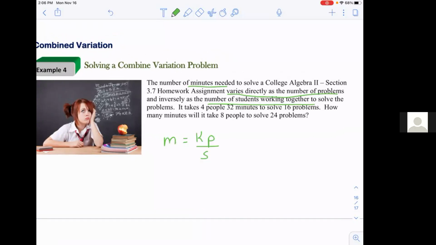It takes 4 people, so that's going to go in for S, 32 minutes to solve 16 problems.